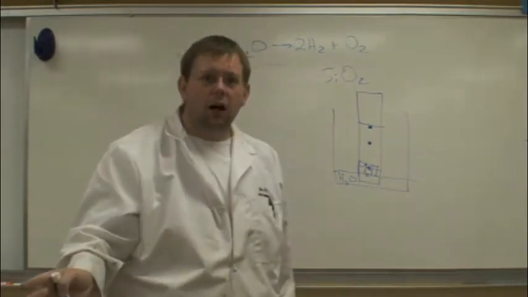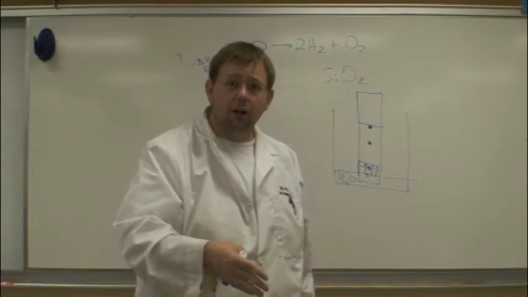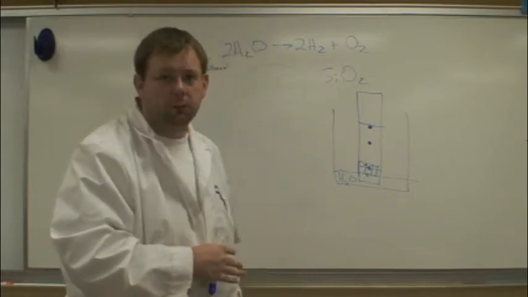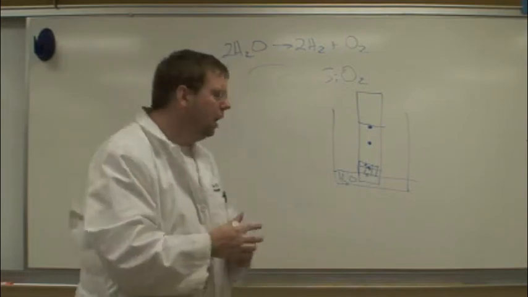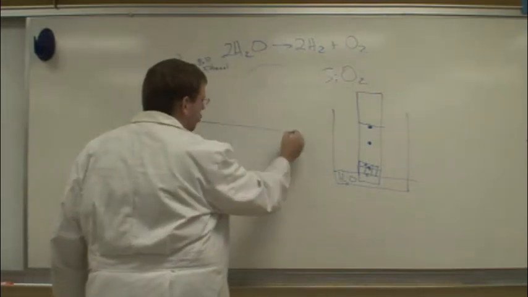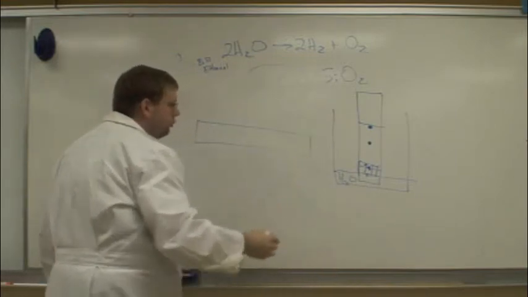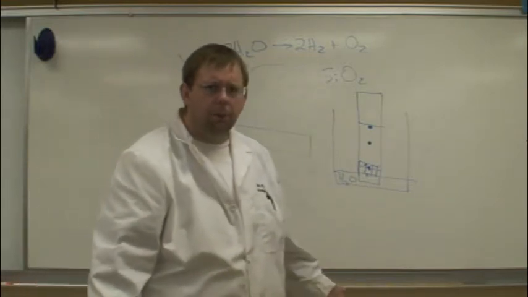One of the biggest techniques used nowadays in the chromatography field is called gas chromatography. Gas chromatography works off the same basic principle: stationary phase, mobile phase. With gas, it's a little different. Usually you shoot the sample into a cartridge, and this cartridge could be lots of different compositions.